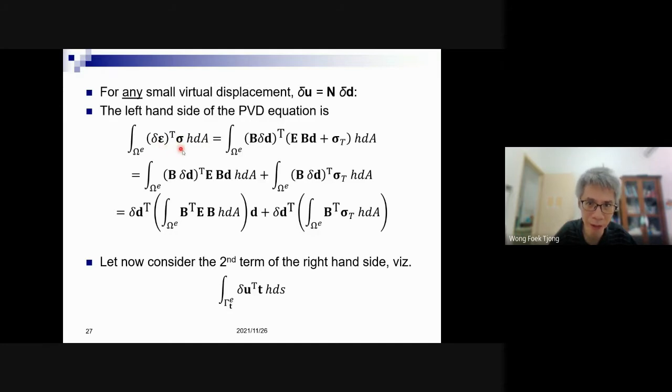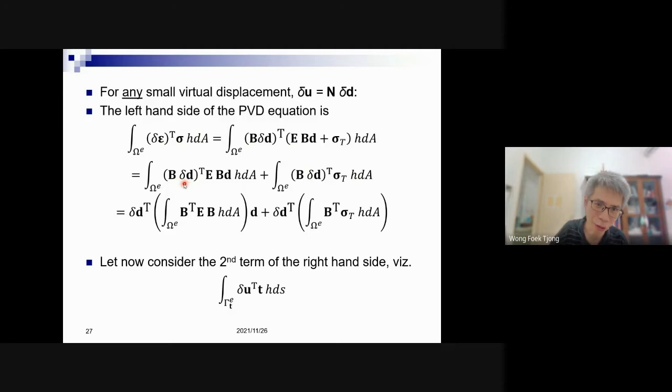The virtual strain energy, this results. And then this is just separated because the integral of the sum is equal to the sum of the integrals. So I can write like this. Any question up to this point? Up to the second line? No problem? Easy, right?